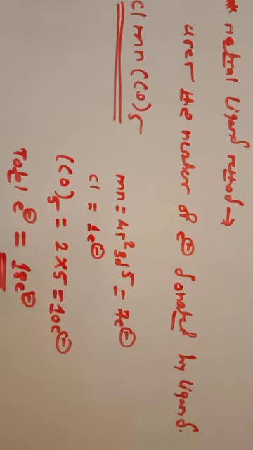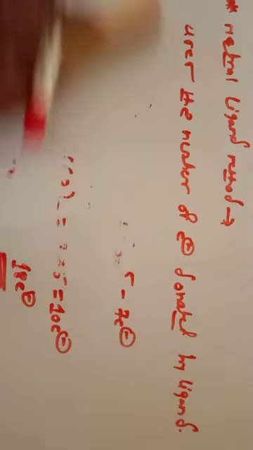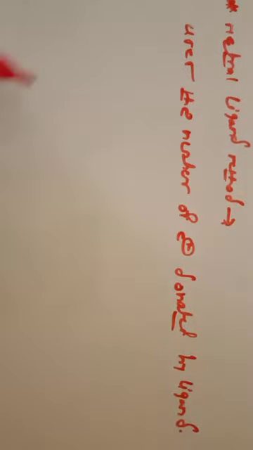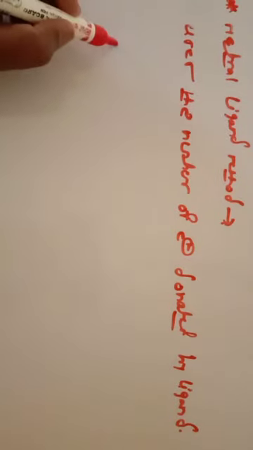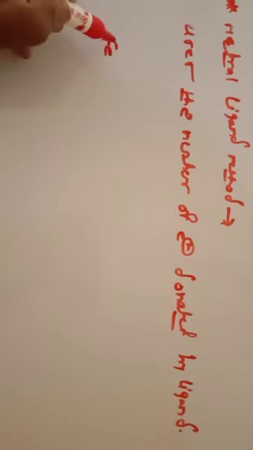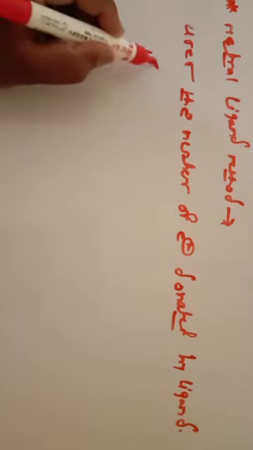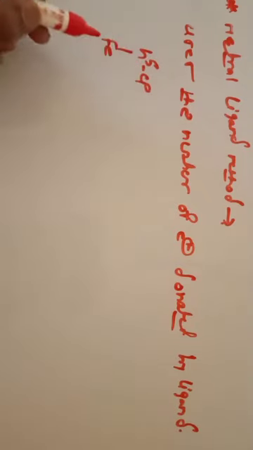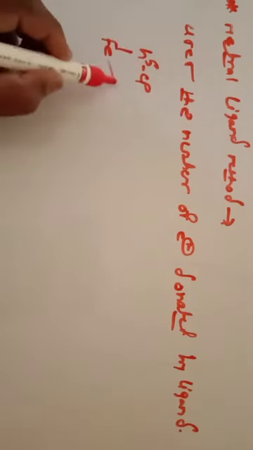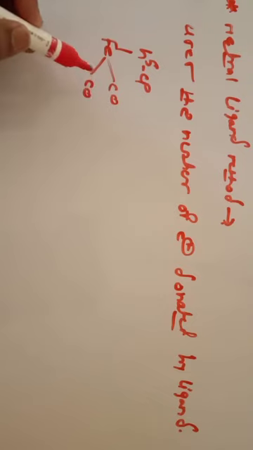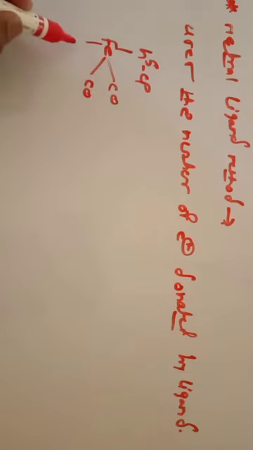Let us consider another example for this neutral ligand method, a complex we are very much familiar with: Fe(eta 5 Cp), cyclopentadienyl. Then there are 2 carbonyls and 1 chlorine. So this is your complex.